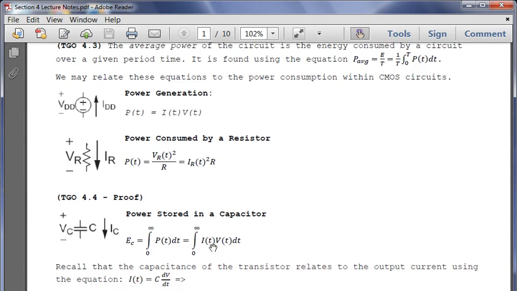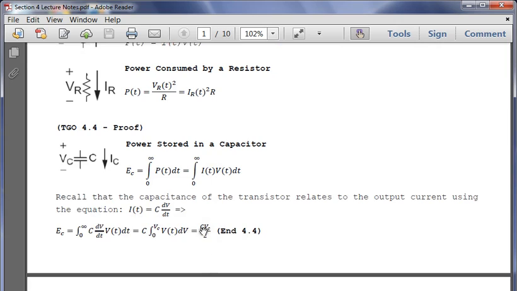Now we plug C dV/dt into our equation. We know that C is a constant. So then what's going to happen is the voltage of the capacitor is now going to become our V(t) dV. And the reason we're able to do this is because our dt's cancel out.